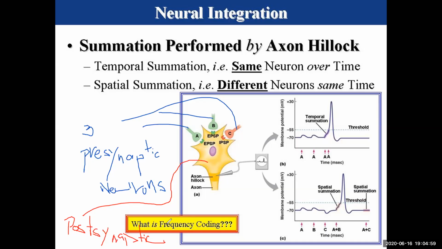The brain recognizes how many action potentials it receives per unit time. So are we talking about 1 action potential per second, 5, 20, or 50 per second? Each one contains a unique, distinctive piece of information. We call that frequency coding.